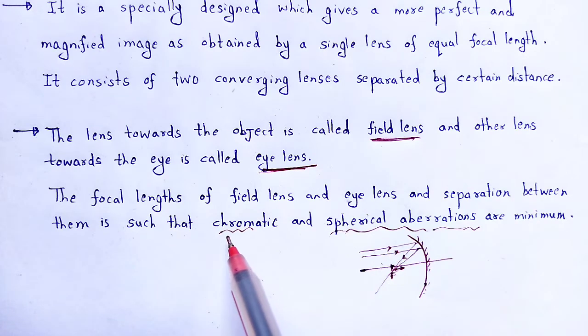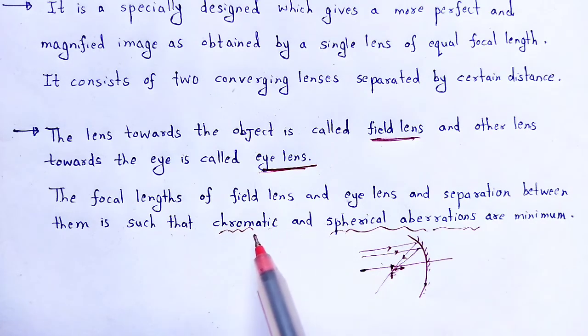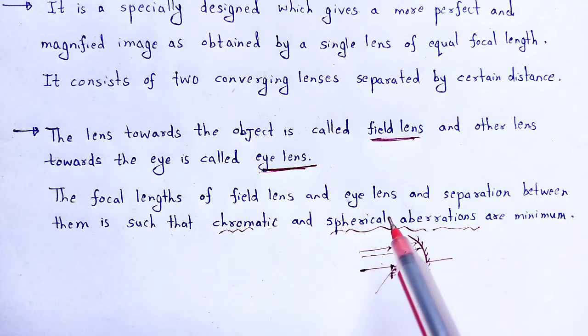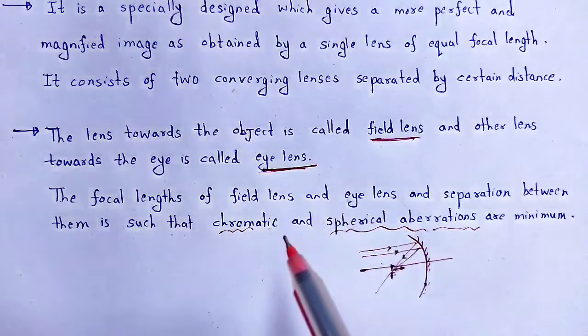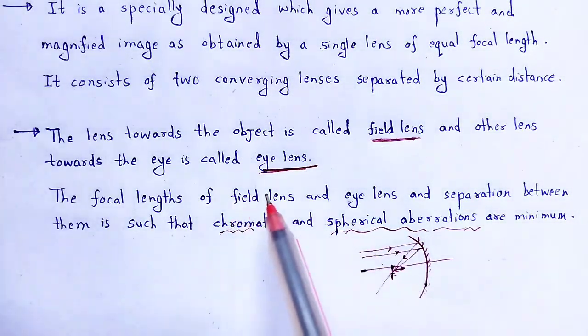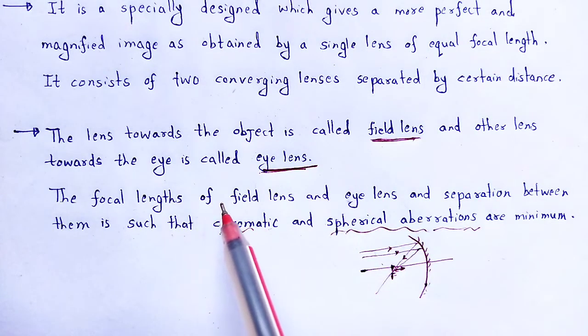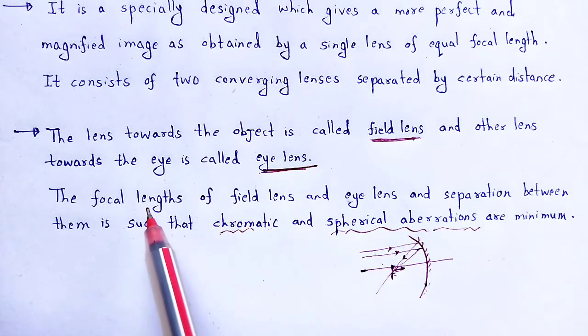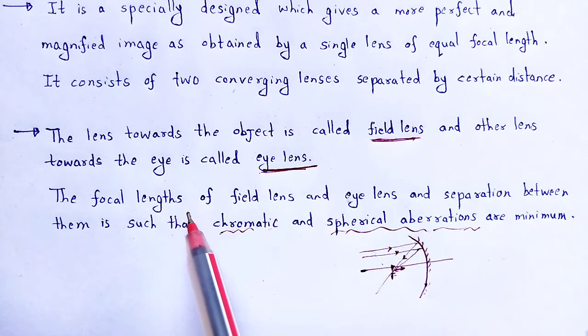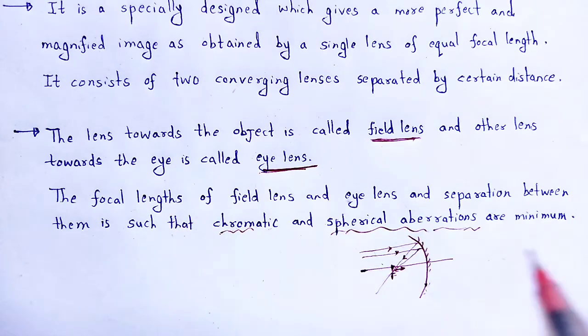That is chromatic aberration. So chromatic and spherical aberrations can be avoided by placing the field lens and eye lens at corresponding positions.